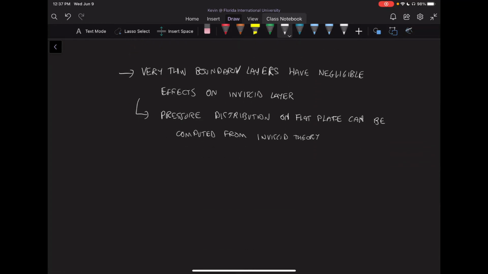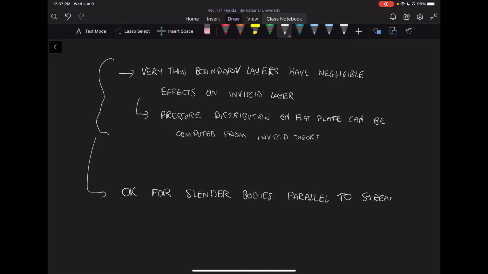Now, what we can say is that these statements here are applicable, they're okay for slender bodies. We can use it for slender bodies. And what we mean by slender bodies are bodies that are parallel to the stream and are thin, such as, for example, a wing of an airplane, or a body that doesn't have much frontal area.